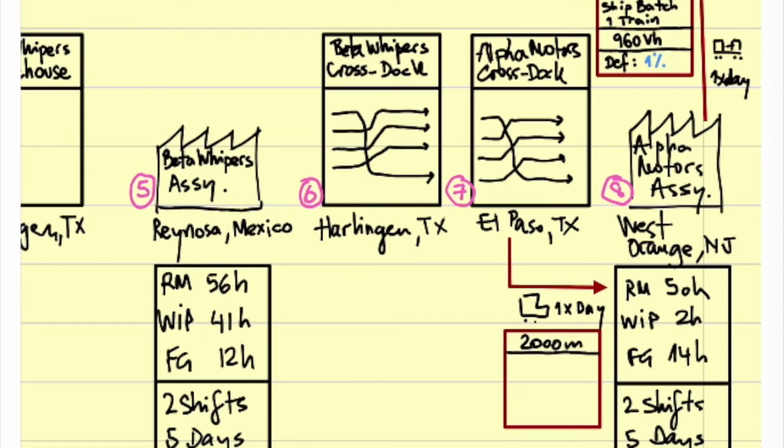The shipping batch. Do you know what the shipping batch is? Bestellmenge. Okay. 6 pallets, and we have a defective percentage of 3%.